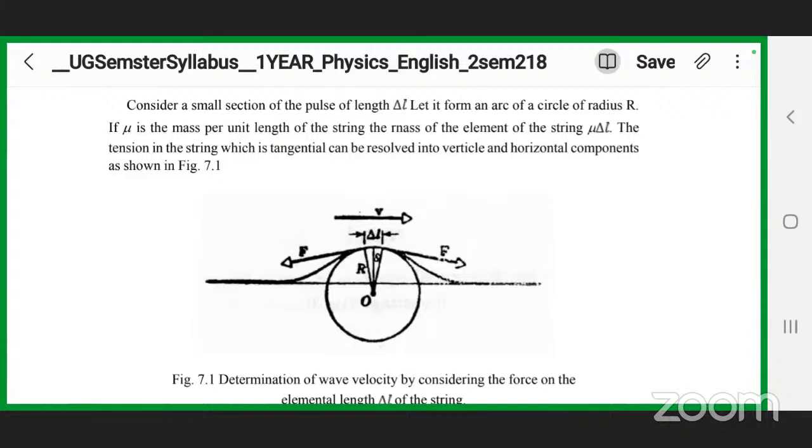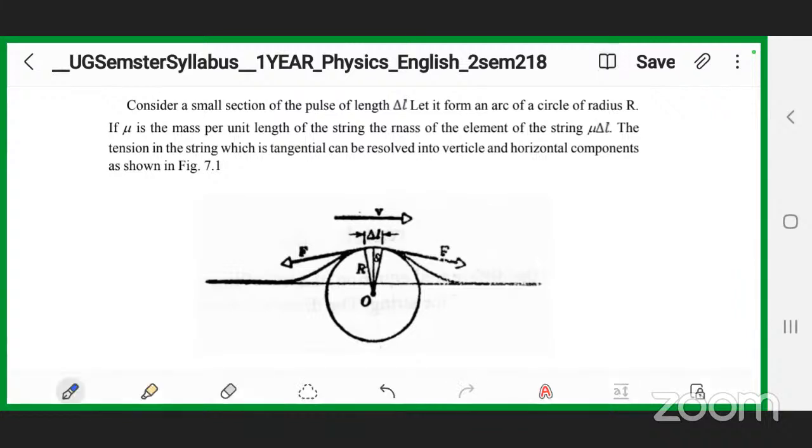So the radius of the circle is capital R here, and let us consider that mu be the mass per unit length, that means m by L. So mu equals m by L, mass per length.